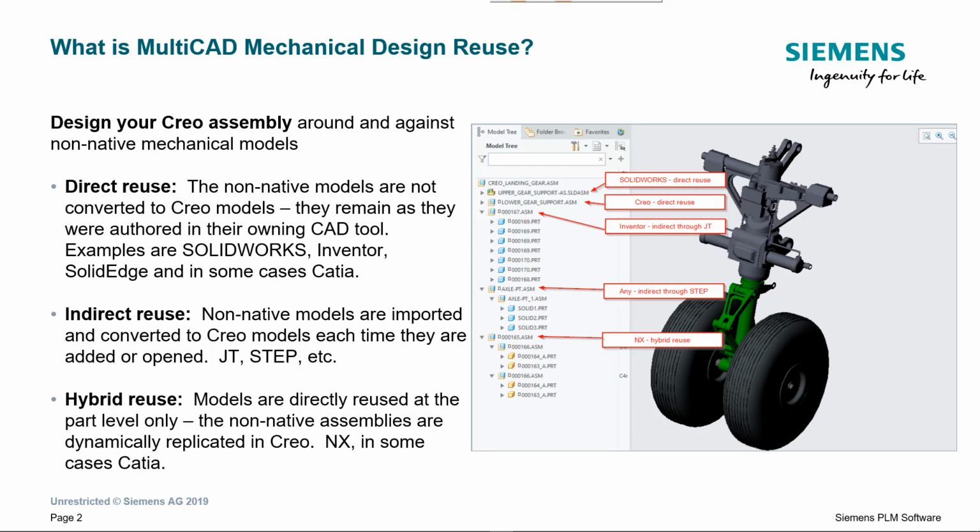Finally, hybrid reuse involves directly reusing the non-native models, but only at the part level. The non-native assemblies are constructed on the fly, by the Teamcenter Creo integration, as they are opened. This category applies to NX, and in some cases, CATIA. In the demonstration, we will see examples of all three types of MultiCAD reuse, within a top-level Creo assembly.